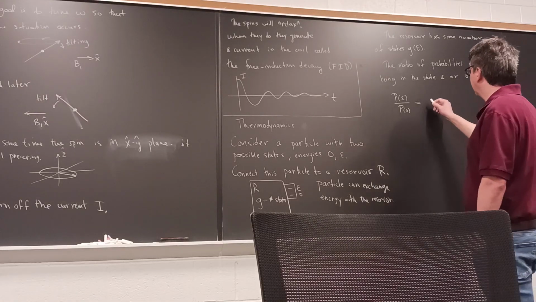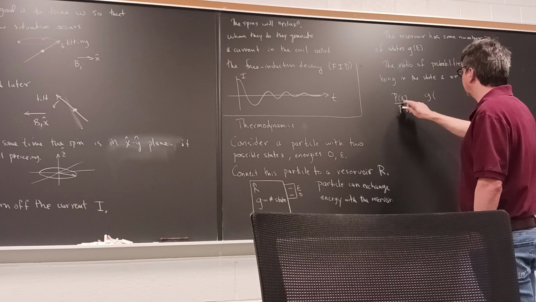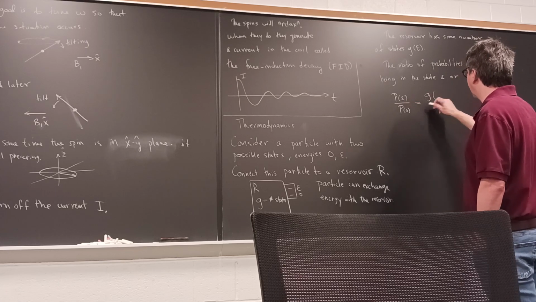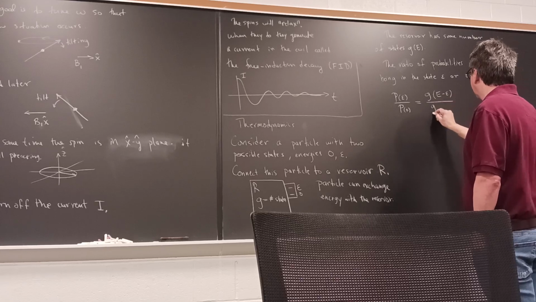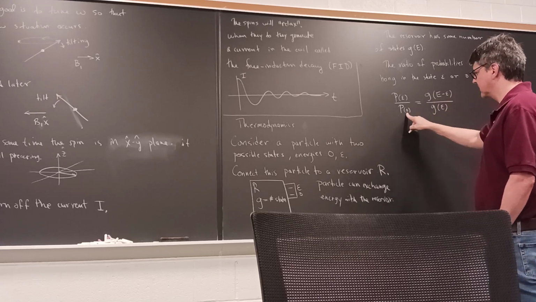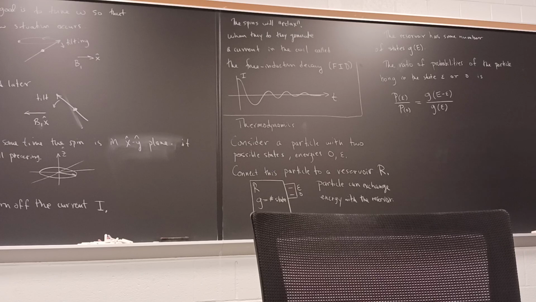So if I'm in the state of energy epsilon, that had to come from the reservoir, so this has to be E minus epsilon. And if it's in the state of energy 0, then the reservoir has its full energy E. Okay?